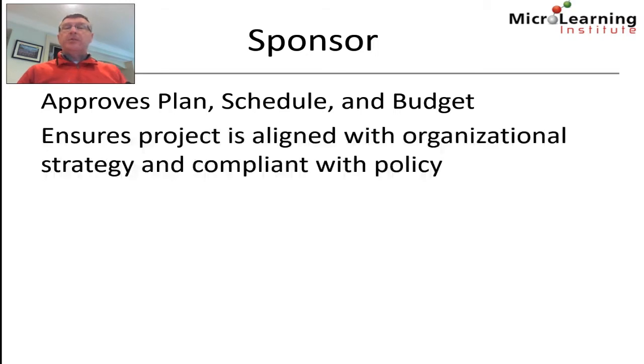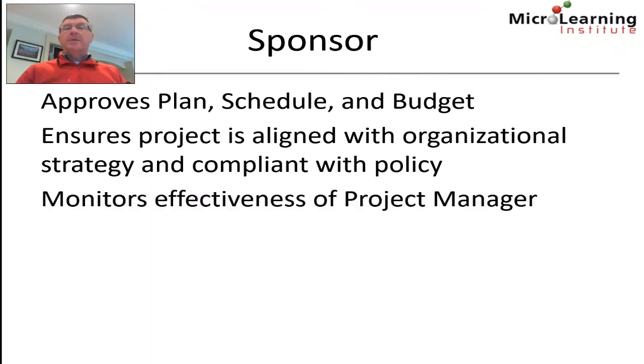The sponsor will typically be tasked to ensure that the project is aligned with the organizational strategy, so that the project is consistent with the strategic direction of the organization, and that it's compliant with any policy initiatives being taken on by the organization. The sponsor monitors the effectiveness of the project manager. If the project manager isn't able to deliver in certain aspects of the project, the sponsor may choose to step in to make some adjustments in that regard.